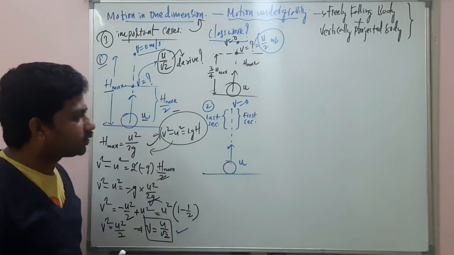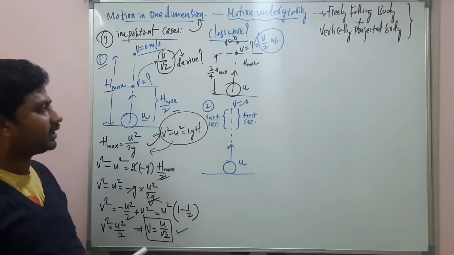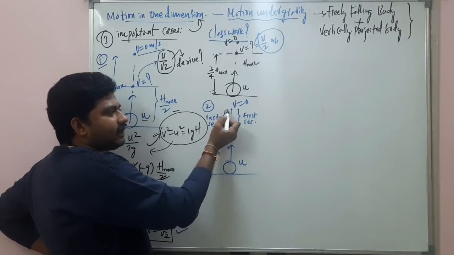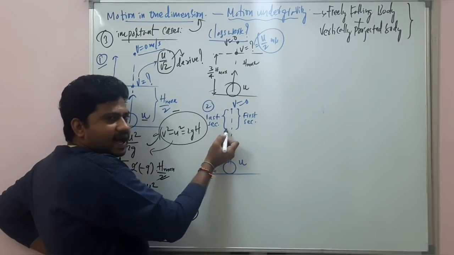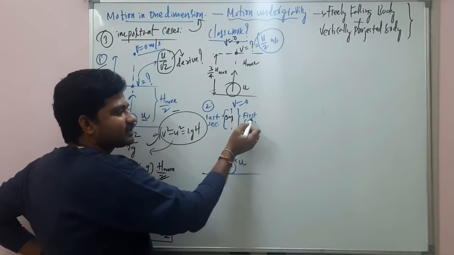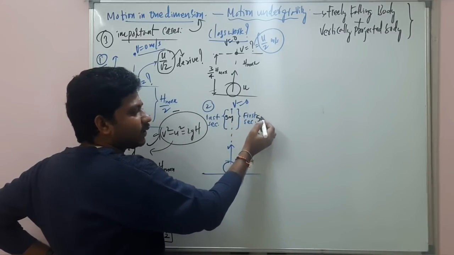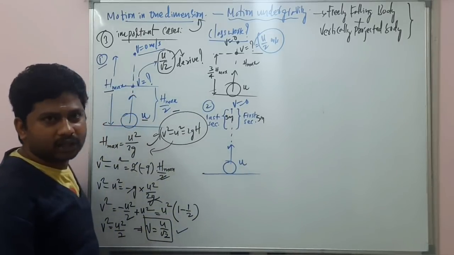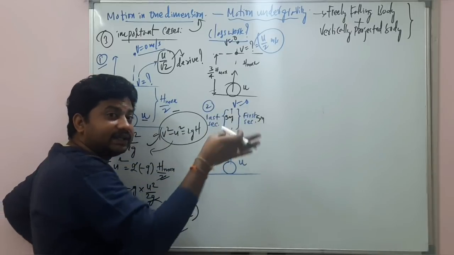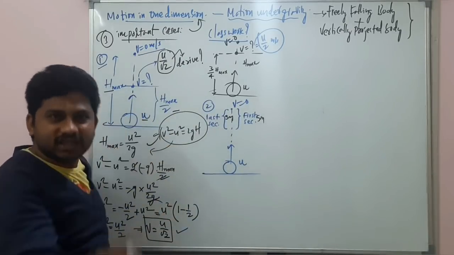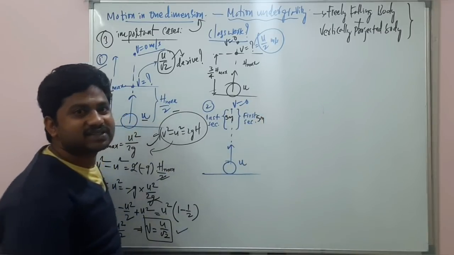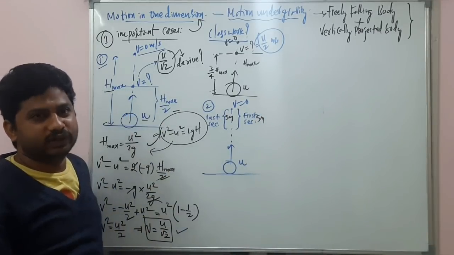Okay. So the interesting thing I am going to write here: imagine the distance traveled by the body in the last second is 5 meter. So definitely the distance traveled by the body in the first second also will be 5 meter. Remember, the distance traveled by the body in the last second in upward motion is equal to the distance traveled by the body in the first second in downward motion.